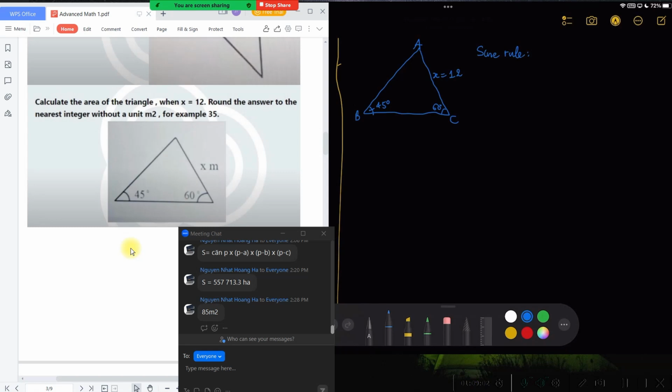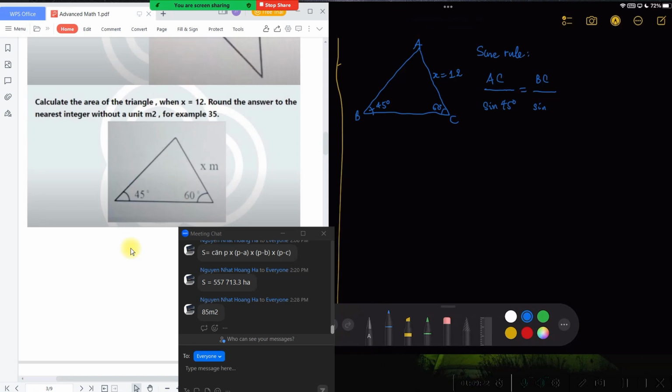So basically, for example, AC divided by sine 45 is equal to, say, BC divided by the sine of this one.